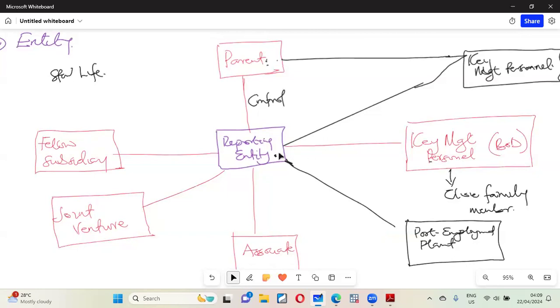A key management personnel. So a director of a company is related to the company. So there is a related party transaction between them. All right, between them. So even if they are paying bonus, even if they are doing anything, it is a related party transaction. We will come to what you are actually supposed to disclose.